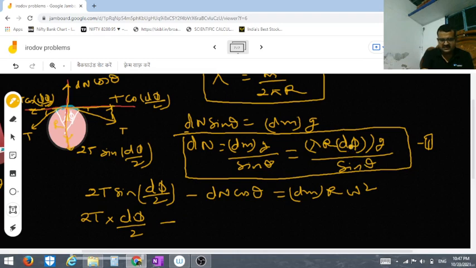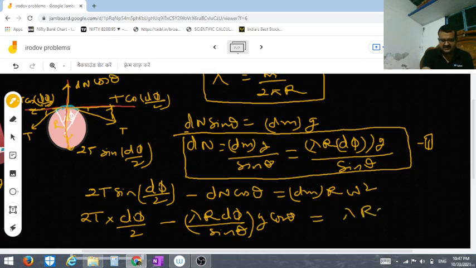You know dN value I have determined already, that I will write lambda r d phi by sin theta into g and cos theta, very well. And the value of dm is equal to lambda r d phi into r omega square.